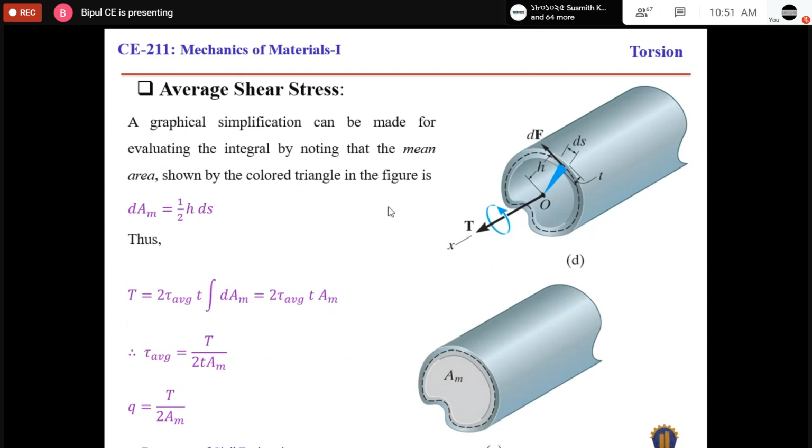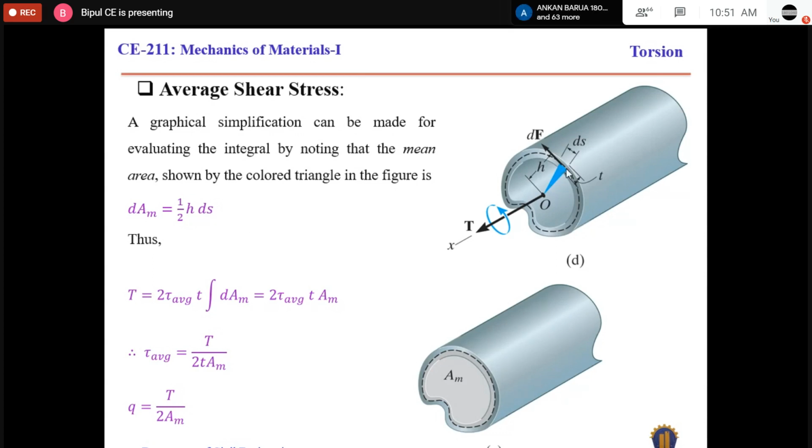In this case, we will use another term, that is mean area. Mean area means if we consider a small element here and connect the ends of this small element to the axis of rotation, then there will be a small triangle. Although it is a curved length, as the element is very small, we can assume it is straight.